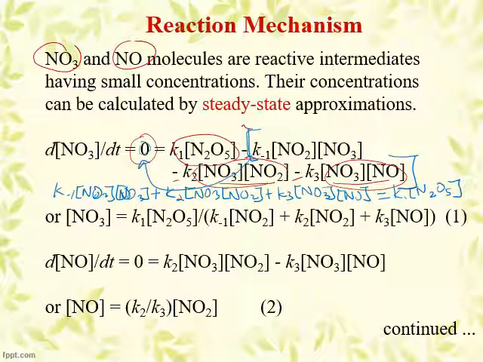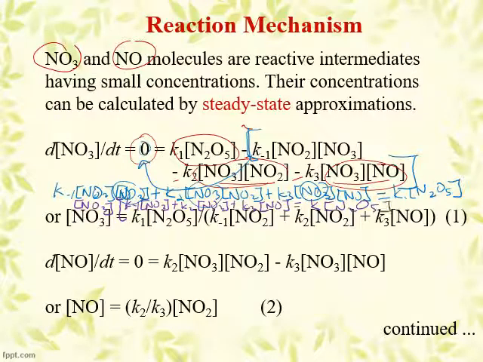Now, because k-1, k2, and k3 all have NO3, we bring NO3 outside. So we put NO3 outside, and in the bracket, k-1[NO2] plus k2[NO2] plus k3[NO], which equals k1[N2O5].